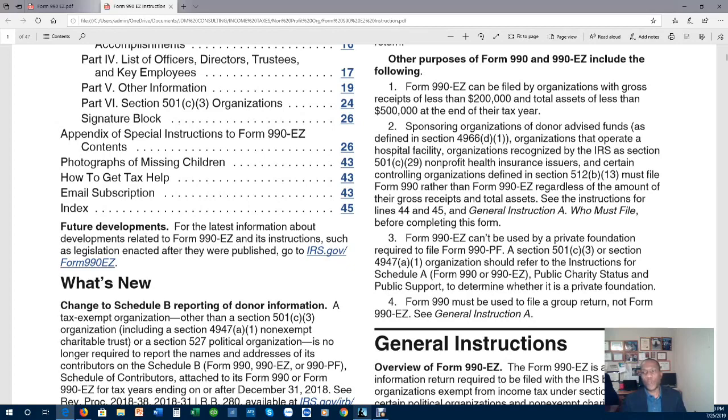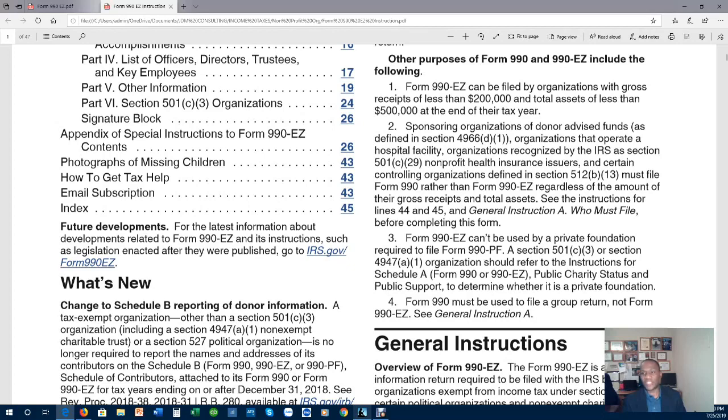So if your organization's gross receipts for the year are less than $200,000 and total assets are less than $500,000 at the end of your tax year, whether fiscal or calendar, you can file Form 990 EZ.